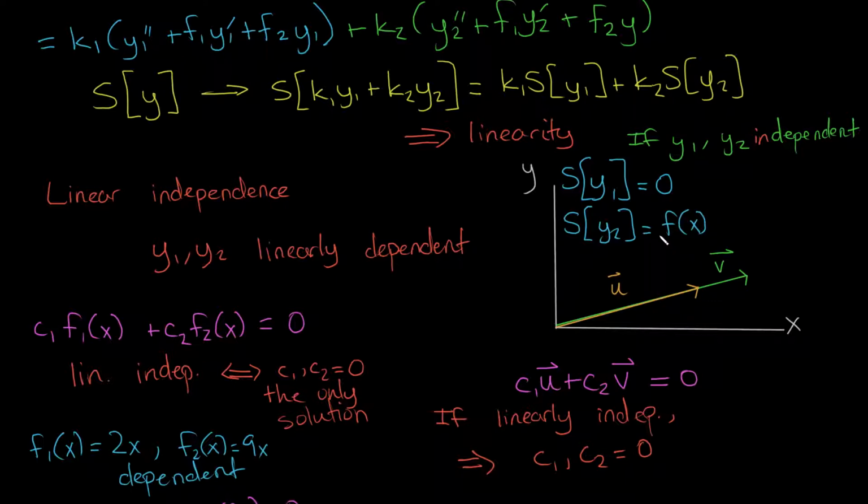And you wanted to solve the differential equation for all functions where when you plug the function into s, you get f of x. Well, imagine this. If y1 and y2 are linearly independent functions, and this holds, then another solution to s of y2 equals f of x is going to be s of y1 plus y2. Because we can separate this out, the y1 part will go away after evaluating the s, and we're left with y2.